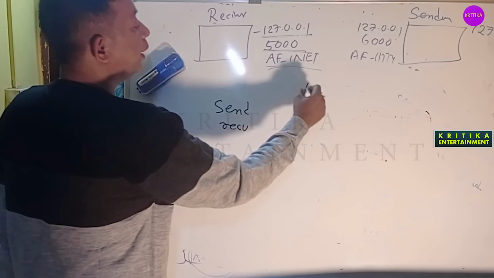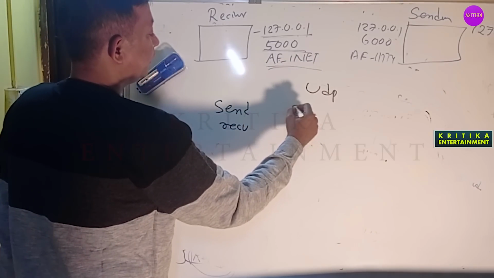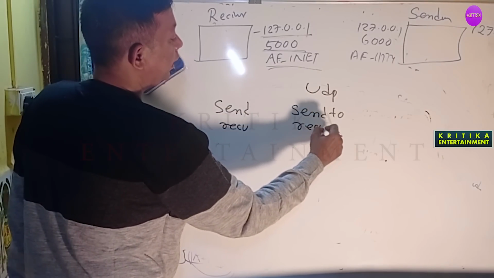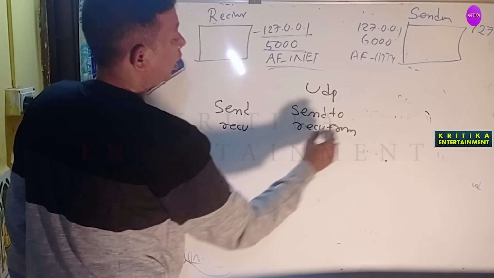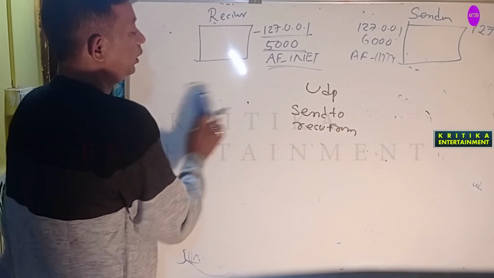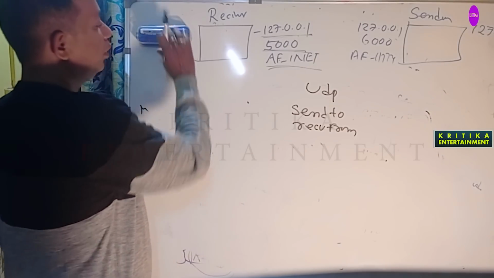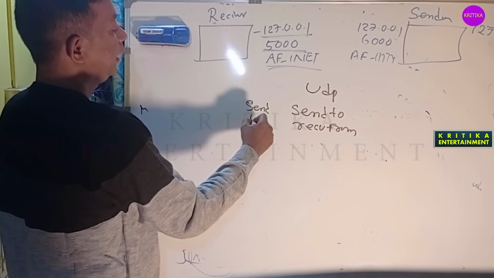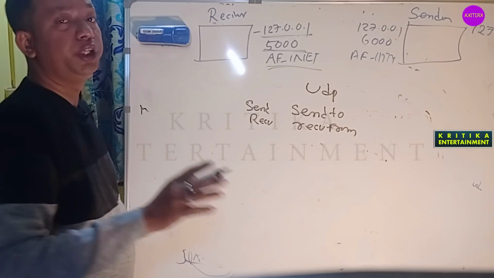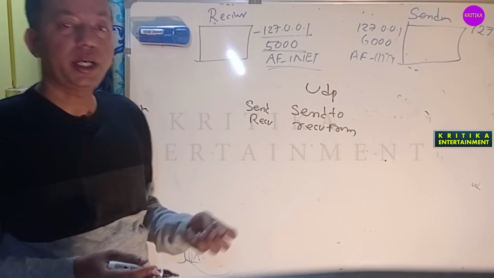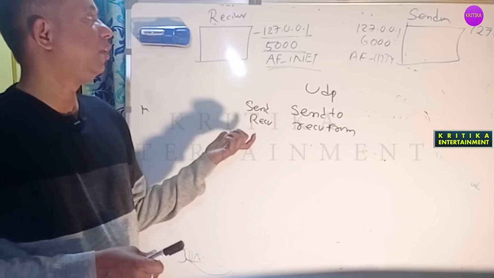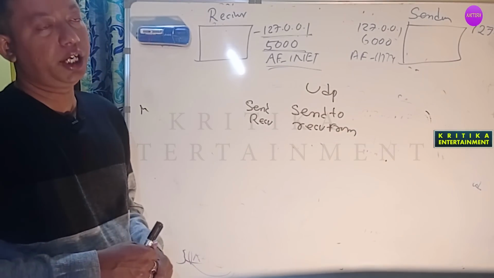But in UDP, what is it? Sendto and recvfrom. Then you remember the difference between send and receive; you are using 4 parameters.